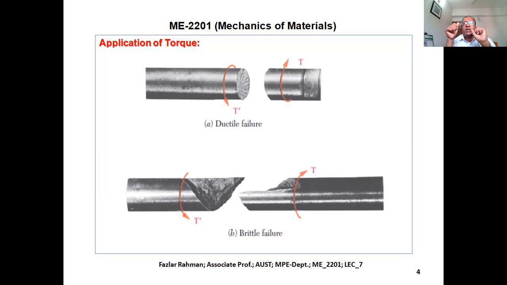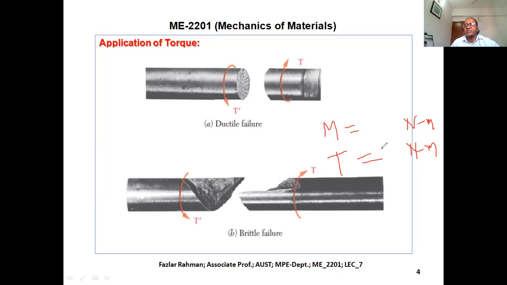So we are applying only torque. What is the difference between torque and bending moment? Almost the same, right? Bending moment is denoted by M. The unit of M is Newton meter, right? And torque T also has unit Newton meter.